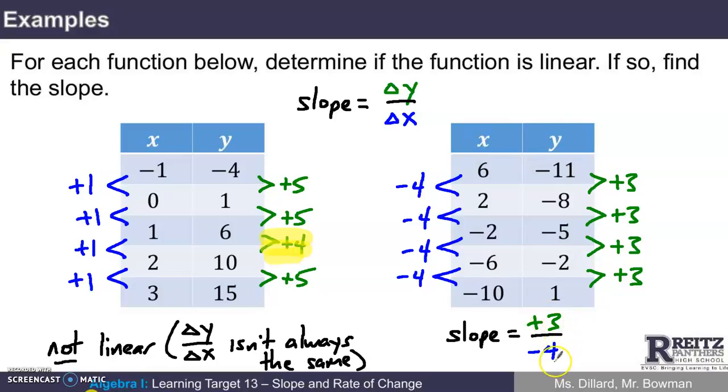So 3/4 is not a fraction that reduces. There's nothing that goes into 3 and 4 other than 1. But the signs are different. So if I divide these two numbers, I'm going to get a negative as my slope. If the signs of the top and bottom of my slope fraction are different, my answer should have a negative out front. This is best written as negative 3/4. And that's what we want you to try to do.